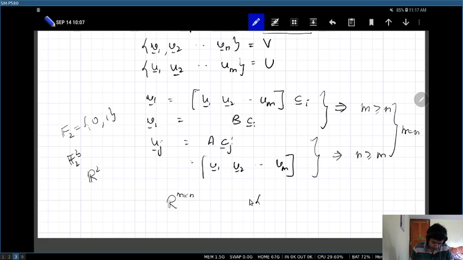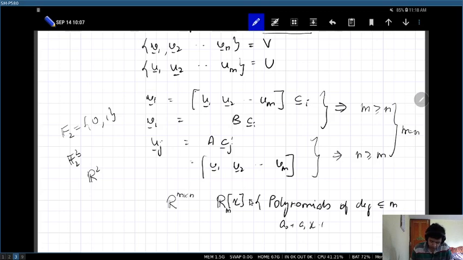So if you look at Rm of x, this is the set of all polynomials of degree less than or equal to m, and coefficients from R. So it is the set of all a0 plus a1x and so on up to am x to the m, for all possible values of a0, a1 up to am. I claim that this is a vector space.